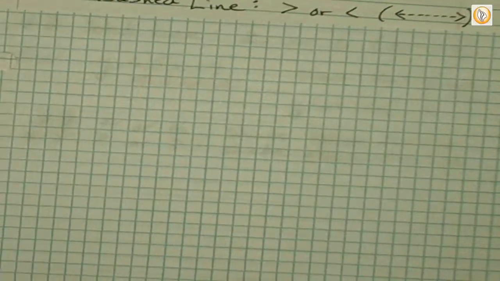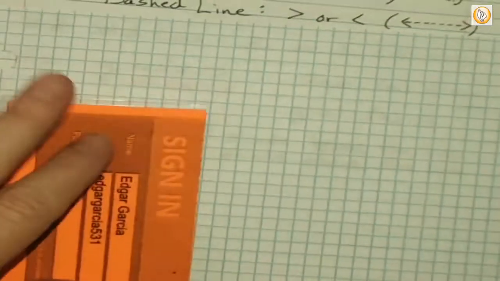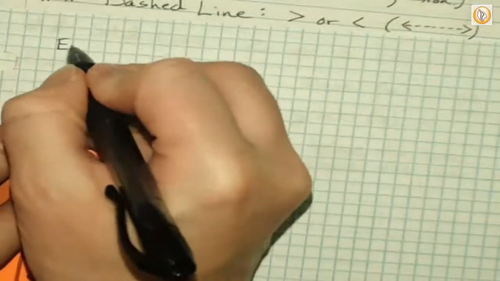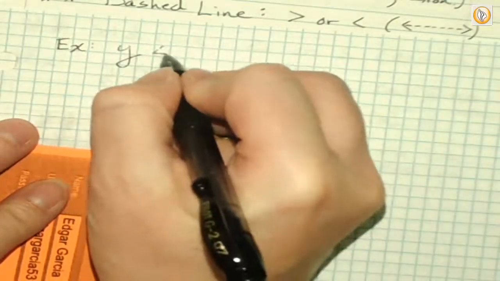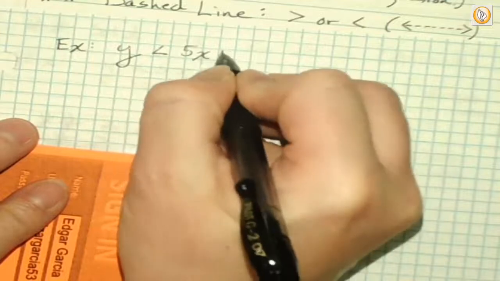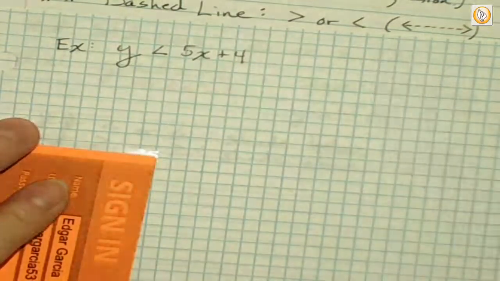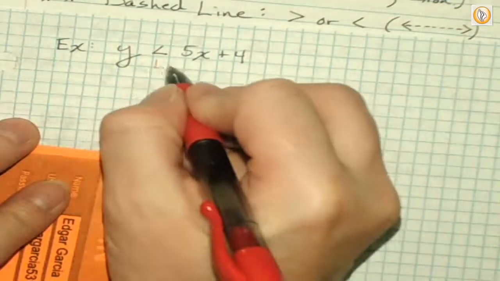So this is my example. You can just kind of draw it on your paper. I want to draw it to scale so that we have a good understanding. So this is going to be y is less than 5x plus 4. We have determined that this is dashed.